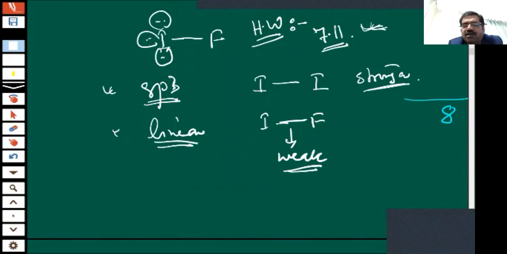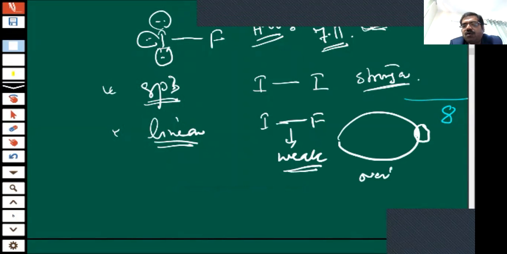The reason is that here iodine has a big orbital and fluorine has a very small orbital. So the overlapping is not symmetrical, not according to size.